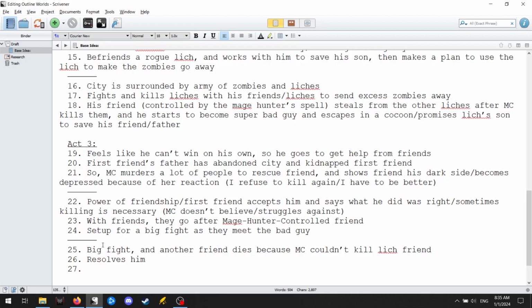So he resolves himself that killing is sometimes necessary.